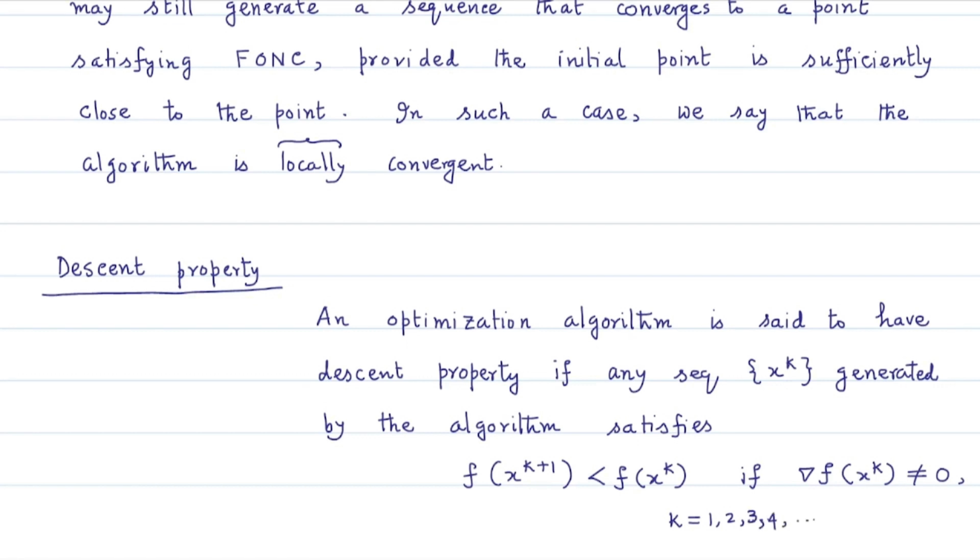Now next I will discuss the notion of the quadratic termination property. While checking the efficiency of an optimization algorithm, we commonly employ the algorithm on a strictly convex quadratic function, because Taylor's quadratic approximation of a function retains the first order and second order derivative information of the given objective function.